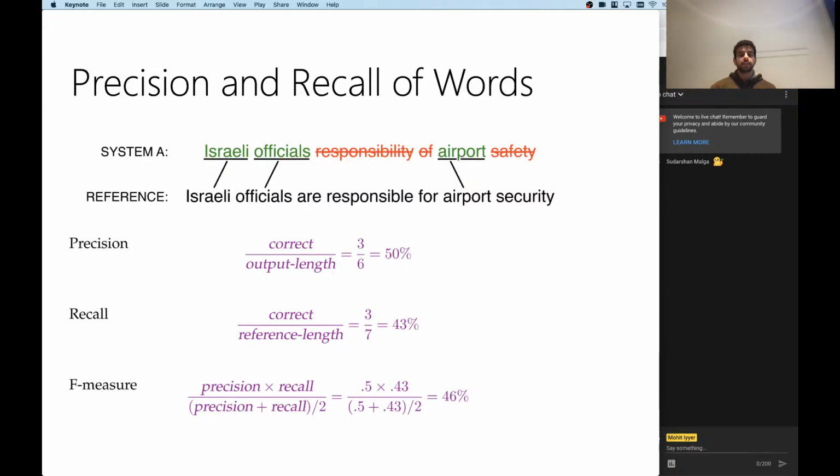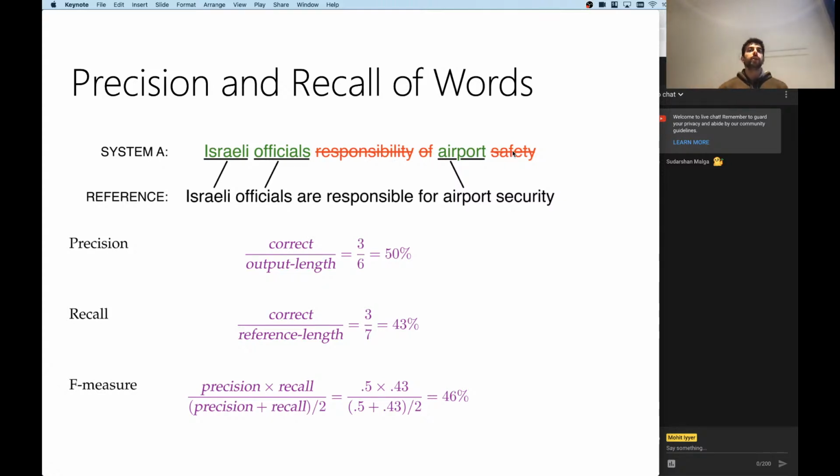Okay, so let's start with a very basic evaluation. And the metric that we'll discuss, BLEU, is just a function of essentially the precision of words. So let's say that our reference sentence is Israeli officials are responsible for airport security. And our system generated the translation, Israeli officials' responsibility of airport safety.